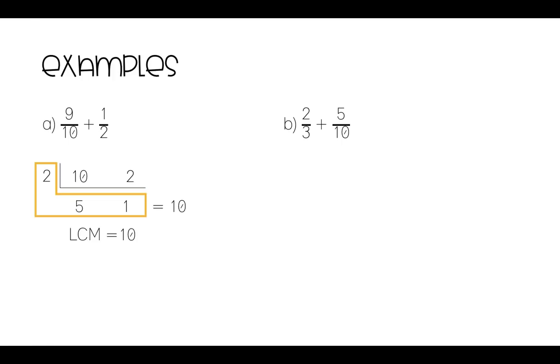So our lowest common multiple of 10, well, we don't have to do anything to the 9/10 because the denominator is already 10. But we have to multiply 2 by something to make it equal 10, and that's 5, so we end up with 5/10. So 9/10 plus 5/10, and that gives us 14/10. Now remember, we're working with fractions and we leave them in our simplest form, which means, well, 10 goes into 14 once and gives us 4/10 left.